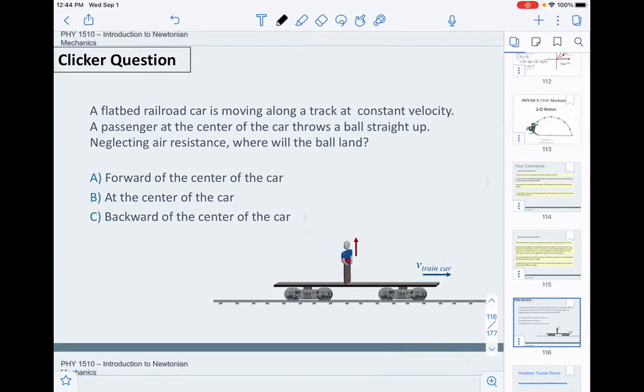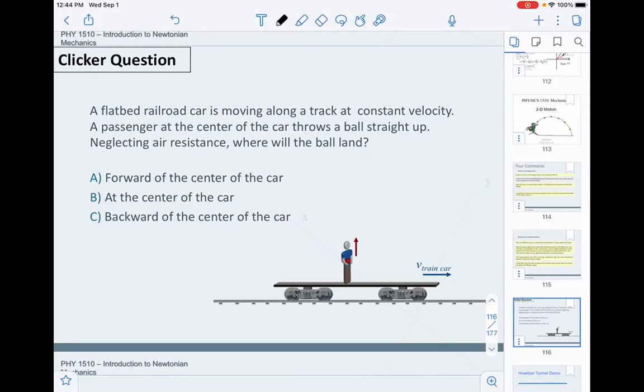So don't consider air resistance. Where do you think the ball will land? Whether it's forward of the center of the car, at the center, or backwards?